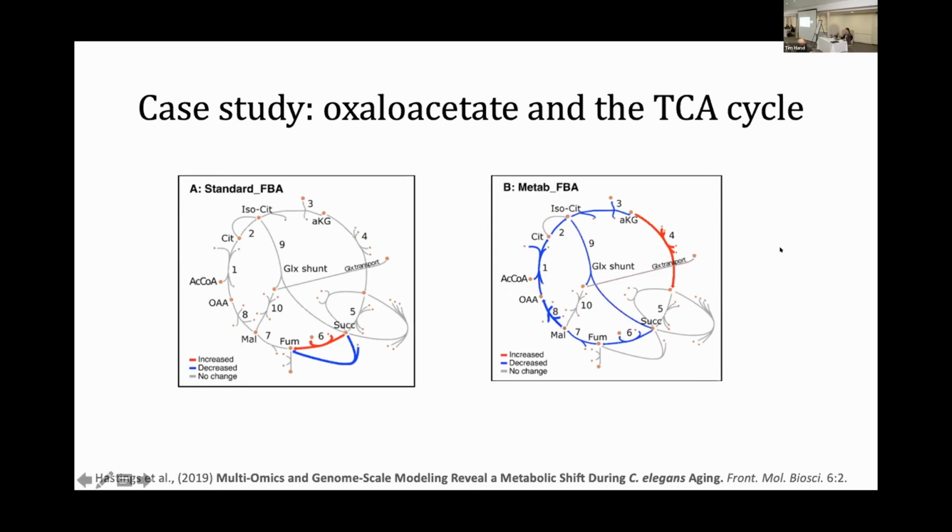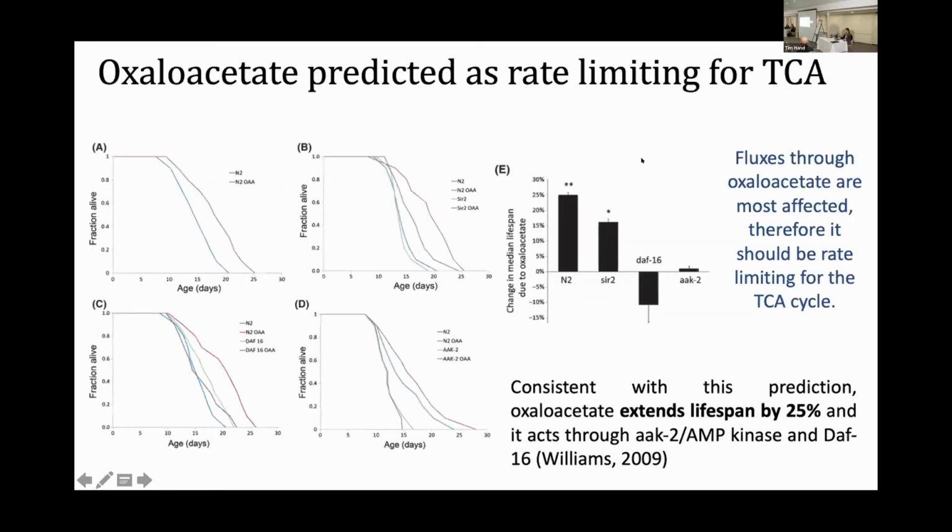So this was quite exciting because one of the things that came out of this joint multi-omics modeling approach was that the prediction was that one of the reactions that would be the most affected by age would be involving oxaloacetate in the TCA cycle.